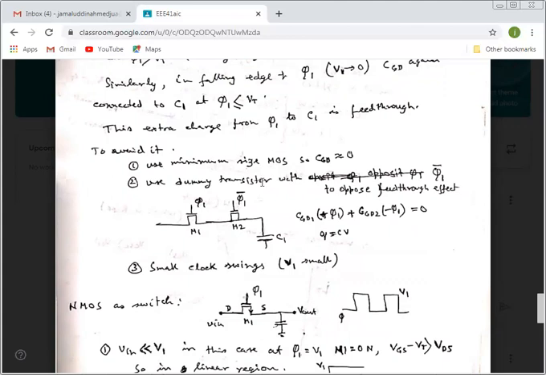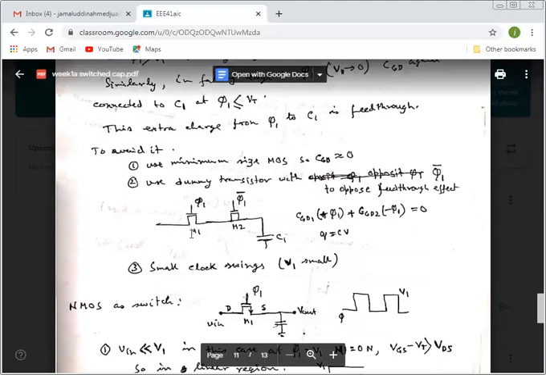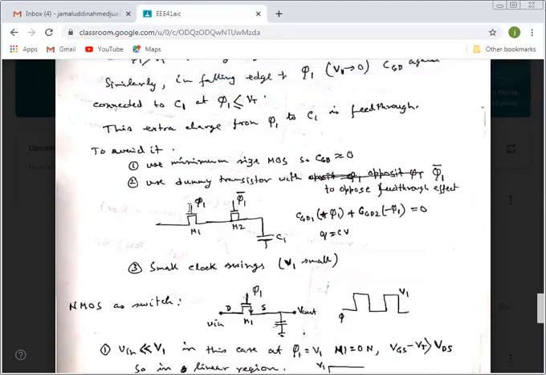Another is a dummy transistor with an opposite feed through. This is the real transistor with the phi1 clock. So we'll make another transistor here, which will be turned on with the phi1 bar. So when it is giving positive charge here, it will be giving negative charge here.